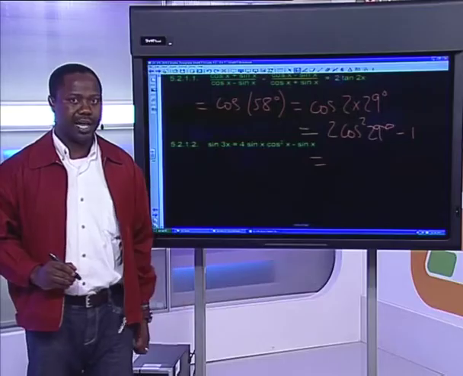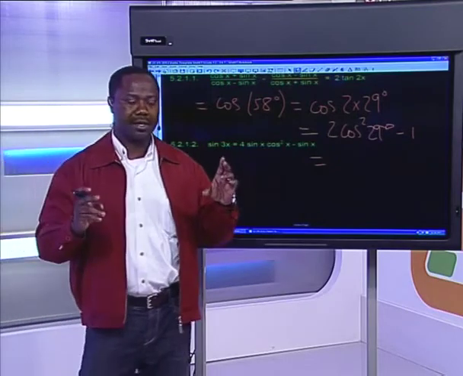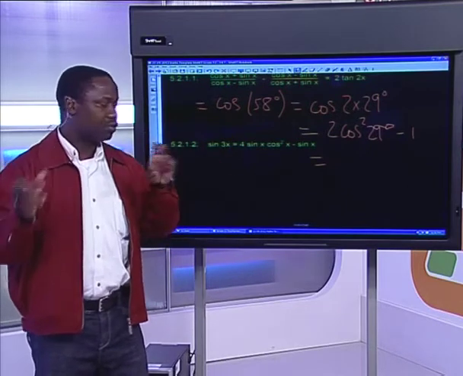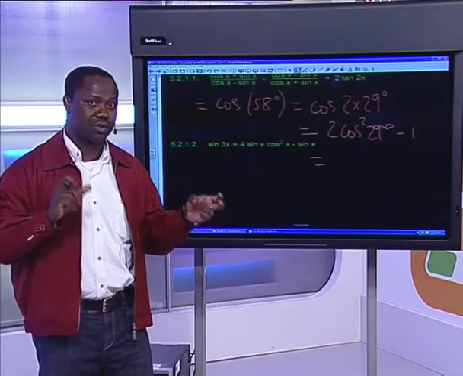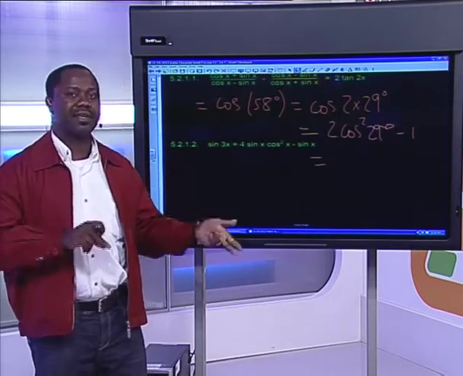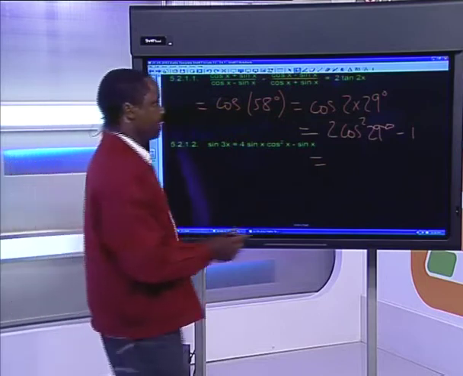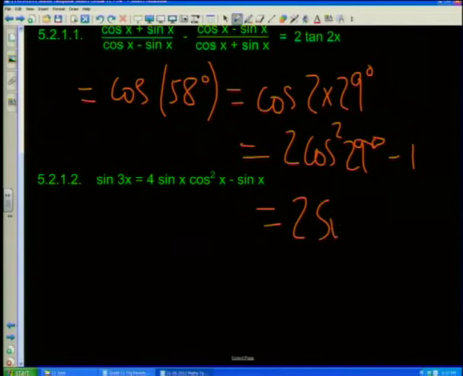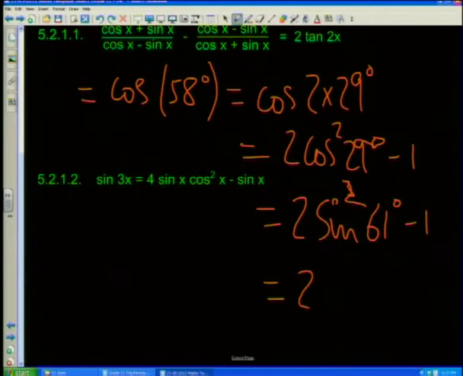The reason I use that is because I know that 61 is complementary with 29. So where I have cos 29, it's the same as sine 61. All right? So I can actually say this is 2 sine squared 61 degrees minus 1. And that becomes your answer to this question.